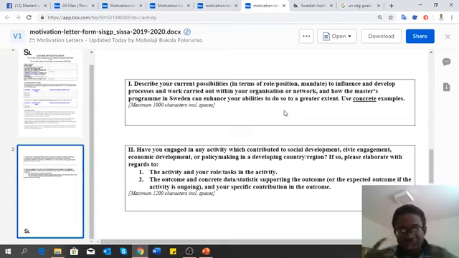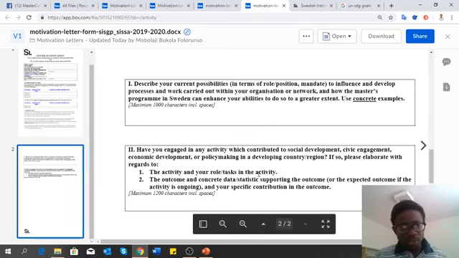How is it going to enhance your skills to be able to do more at work? You see it? Work experience, leadership experience, and your intended master studies. How are they related? How are you going to use your master studies to improve yourself to do a better job at work or in the society or in your network or your NGO?